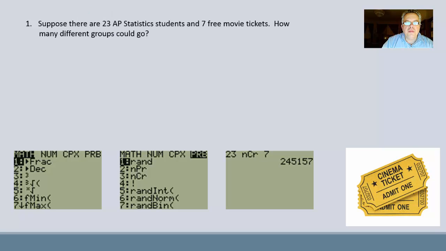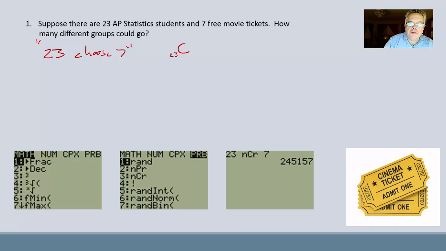So let me get my pen going here. One way to say this is, we have 23 people, choose 7. The way to write this mathematically almost looks like a chemistry formula. One way to write it, and probably the way we're going to write it, is with a big C for choose.